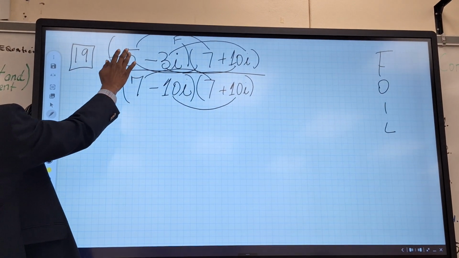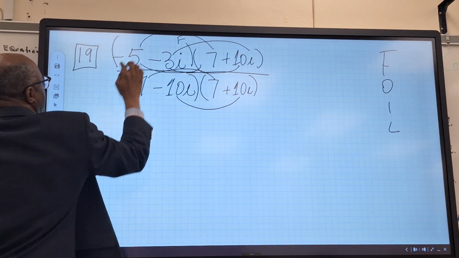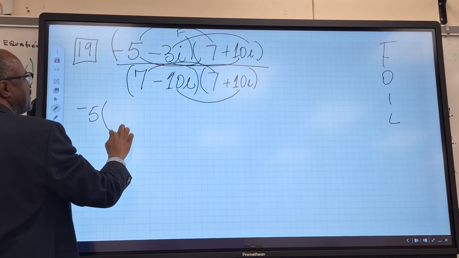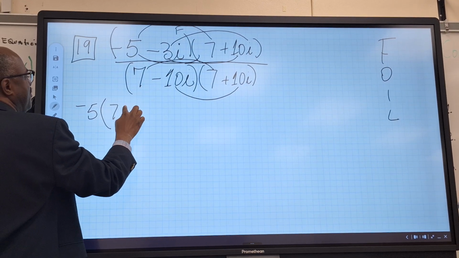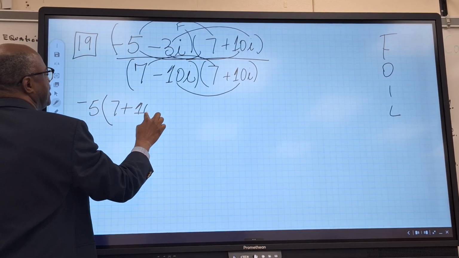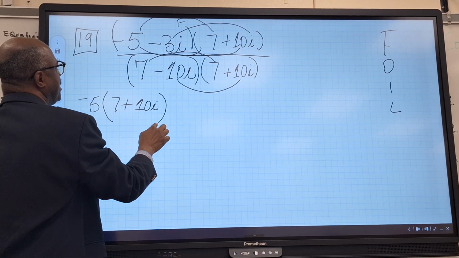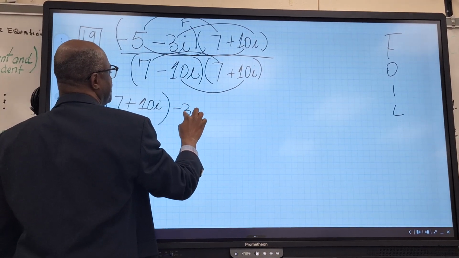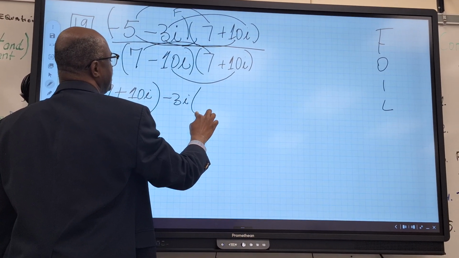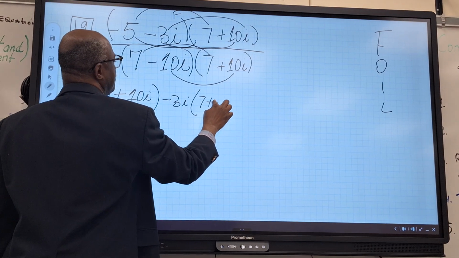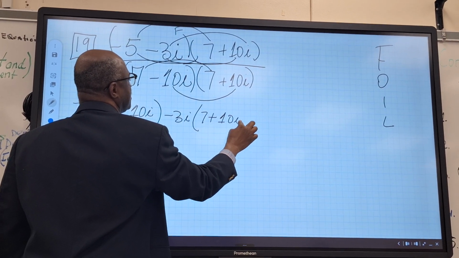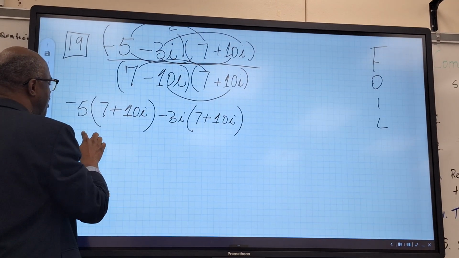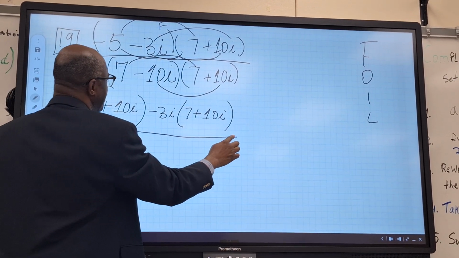So if we do this, we'll end up with negative 5 as my denominator's multiplier, and for my numerator we multiply by what? By 7 plus 10i. That's my numerator I'm working out. If you do this, you will end up with negative 3i times 7 plus 10i. Then we do this with the distributive property. For your denominator, we do first and last.